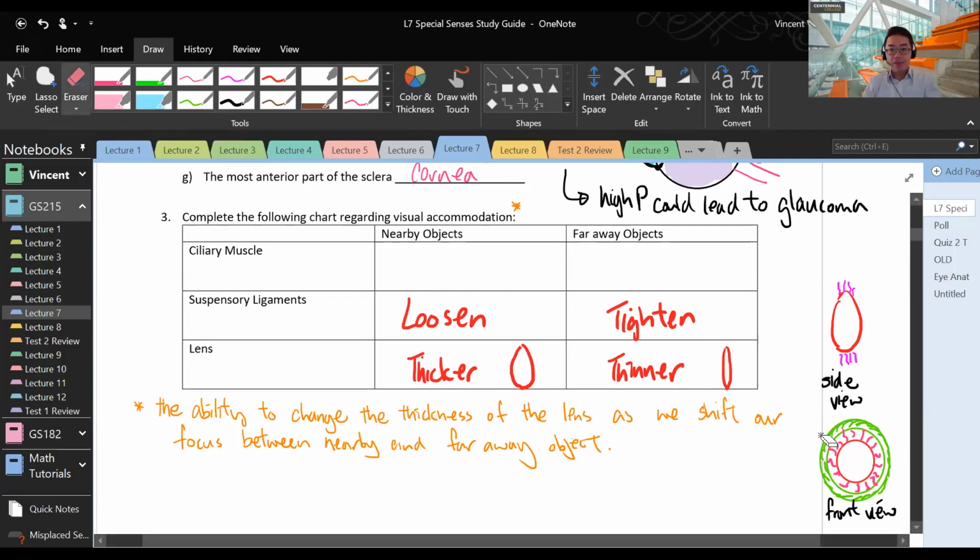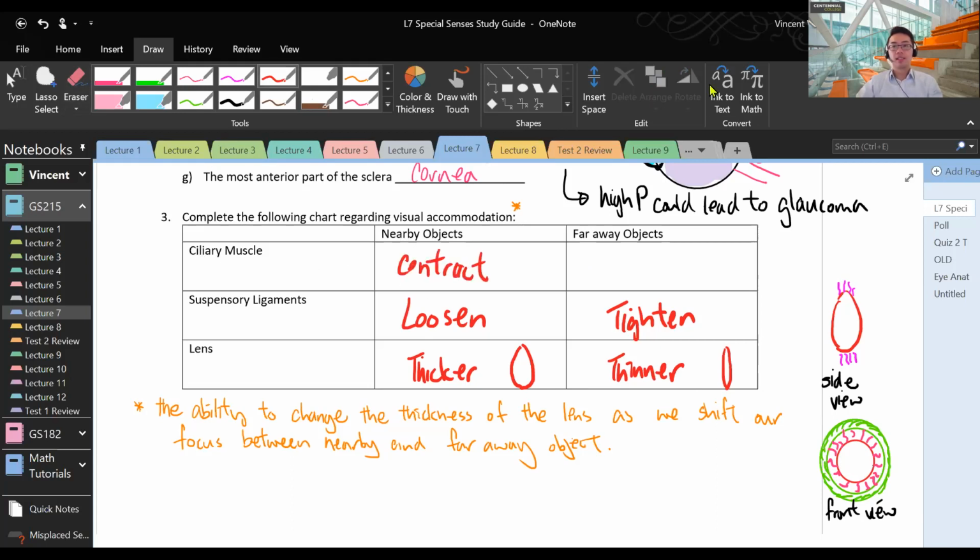So if the circle gets smaller, then you're not going to be pulling on the ligaments as much. And that means the ligaments are going to be loose and the lens is going to be thicker. So if you want to focus on a nearby object, the ciliary muscle should be contracting. Okay, they contract, grab onto each other, make a smaller ring.